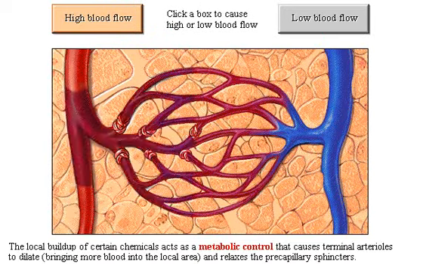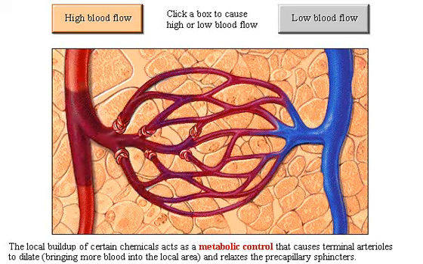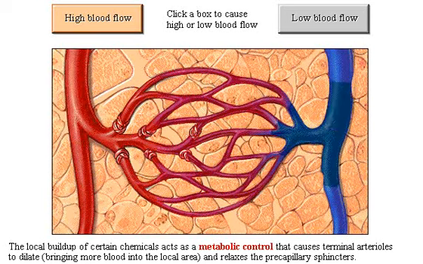The buildup of certain chemical signals locally acts as a metabolic control that causes the terminal arteriole to dilate, bringing more blood into the local area. These chemical signals also cause the precapillary sphincters to relax.